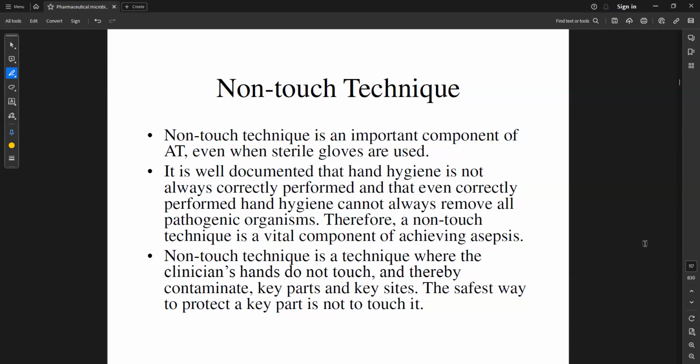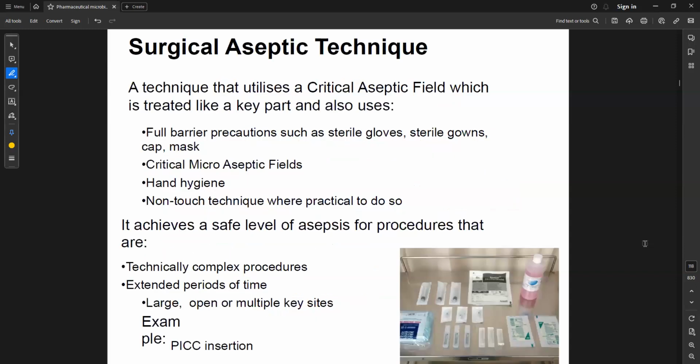So a non-touch technique is a technique where the clinician's hands do not touch and thereby contaminate key parts and key sites. The safest way to protect a key part is to not touch it. So surgical aseptic technique utilizes a critical aseptic field, which is treated like a key part, and also uses full barrier precautions such as sterile gloves, sterile gowns, cap, and masks.